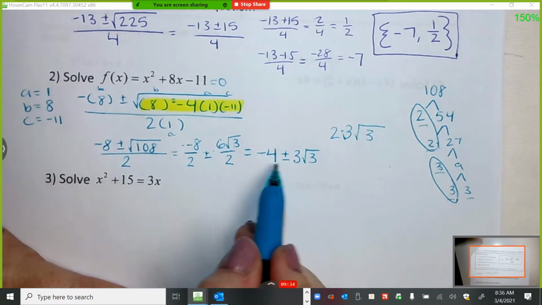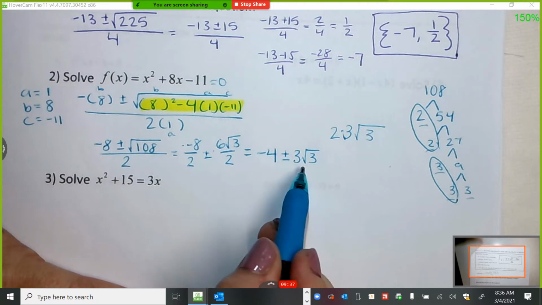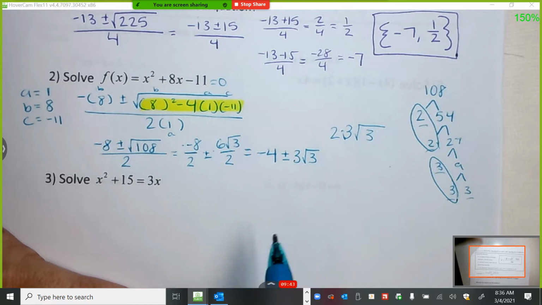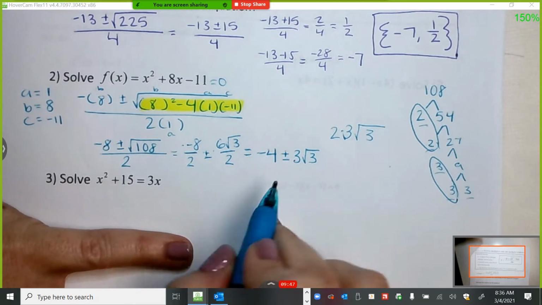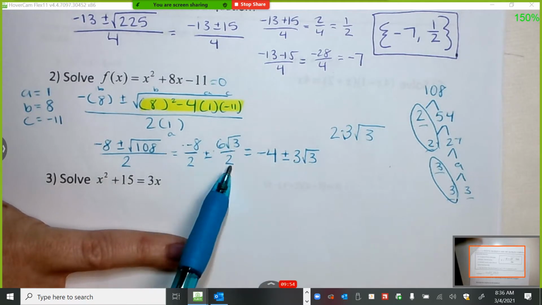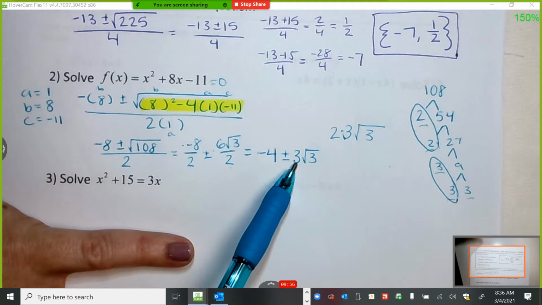Now, can I combine these? No, y'all are right. I feel like y'all wanted to say it, but you didn't. Okay, it's okay. So no, you can't, because remember, we treat this square root like a variable. Okay? So if this was 6x over 2, could we still have simplified it? Yeah.